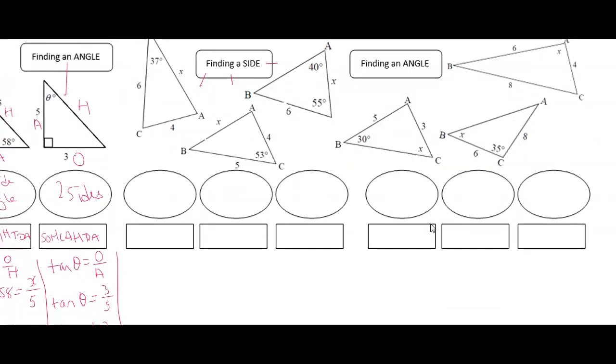This first triangle, we're going to write it in this oval here. Think about what you have. We have 2 sides, we want a side, and we've been given an angle. So we've got 2 sides and 1 angle, which means we're going to be using the sine rule.